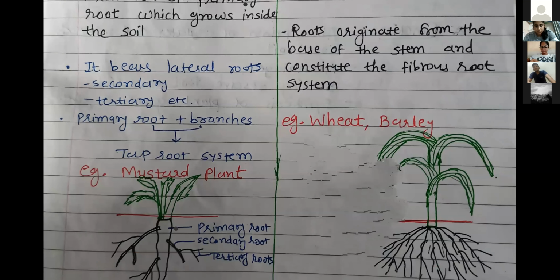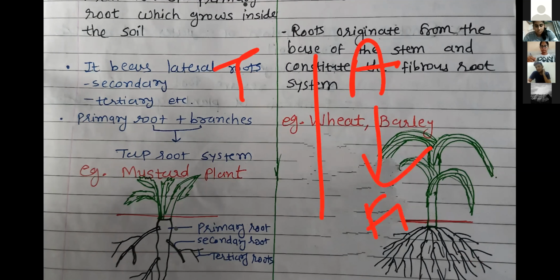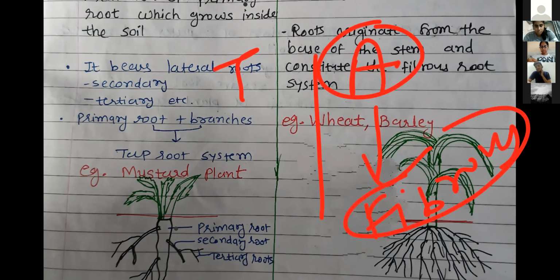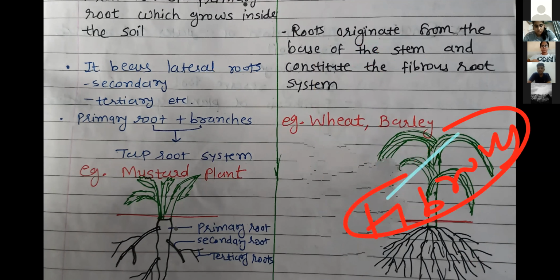Even this fibrous root system is given in your book in this way. Otherwise, if you classify correctly, the correct division is taproot system and adventitious, and fibrous is one example of adventitious, but in your book both are given separately. So we will learn it in this way. Actually, fibrous is a part of adventitious.